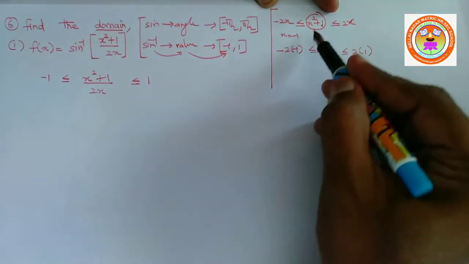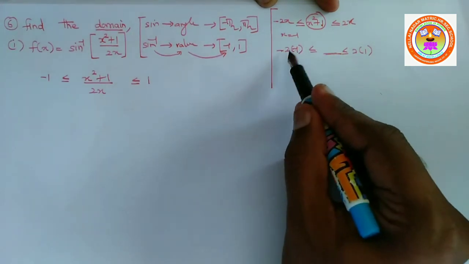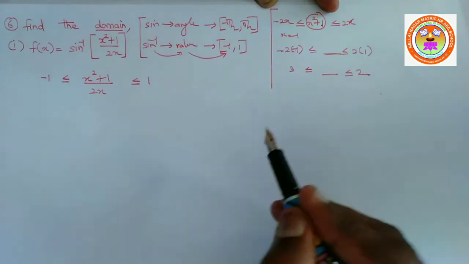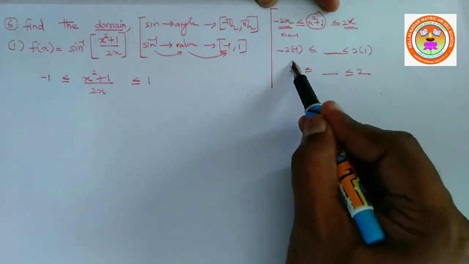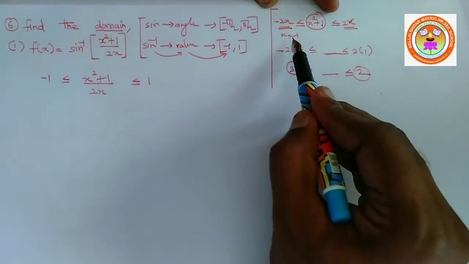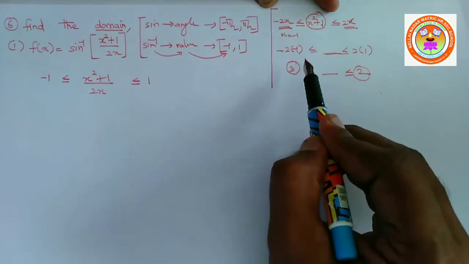Minus into minus is plus, 2 into 1, 2. Whatever value, leave it, no problem. 3 is greater or equal to some value less than or equal to. If you look, this value is lesser when compared to this value, but here it becomes greater. This has become lesser. If x is equal to plus 1, no problem. If x is equal to minus 1, the problem arises.